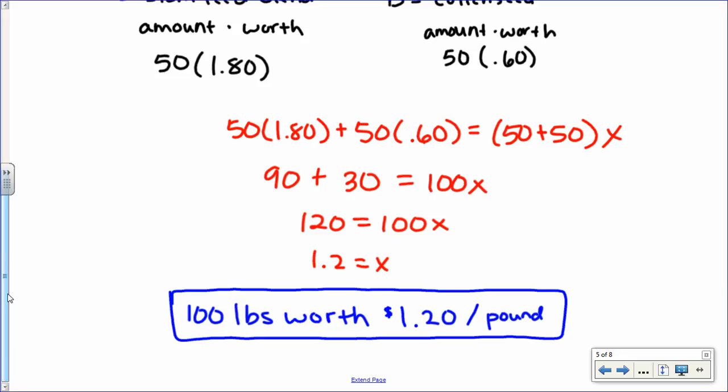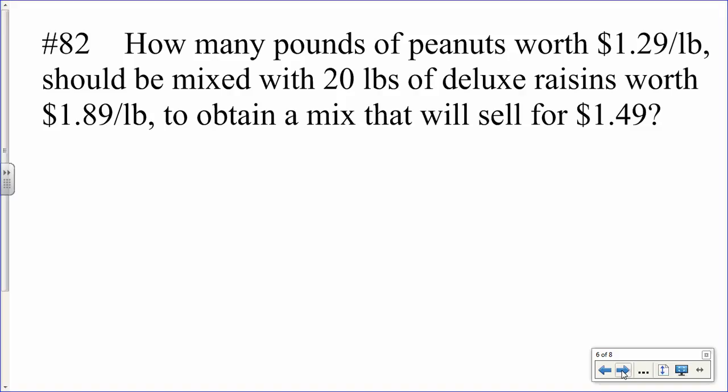Okay, we're going to do another mixture problem, but this time we're going to be looking for not just the worth or the percent. We're going to be looking for something else. Okay.